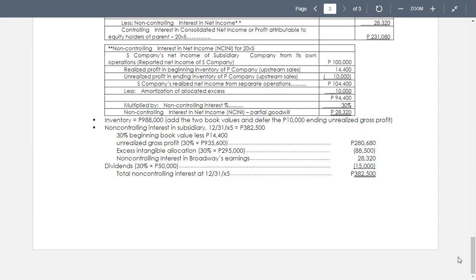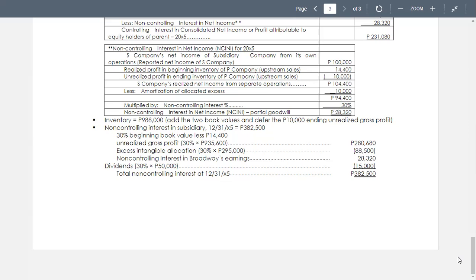The reported net income of S is 1,500,000. Then we add realized profit in beginning inventory of P company, 66,000.